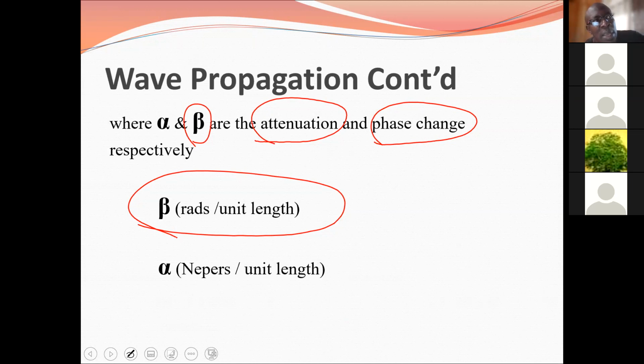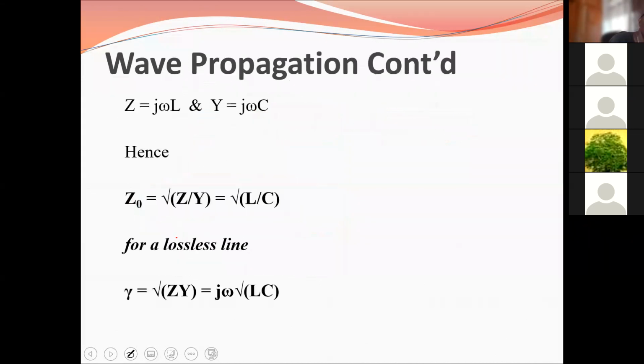Now we understand the difference between attenuation and resistance. So if it is lossless, then gamma would simply be equal to j beta.